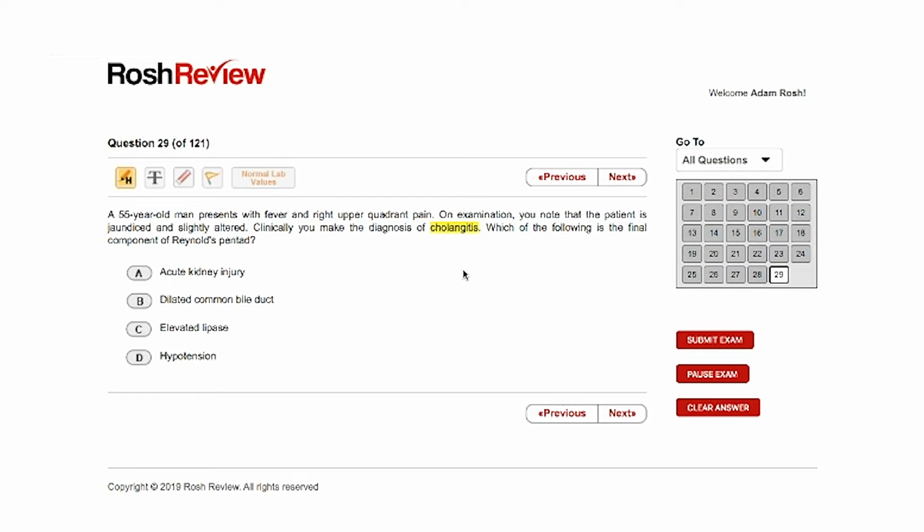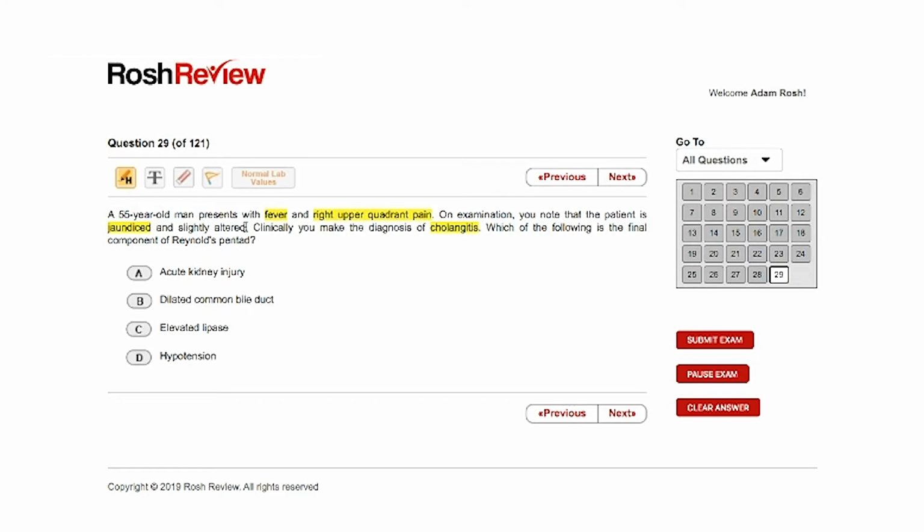The first one is Charcot's triad, and that is fever, abdominal pain, and jaundice. And what we see here, we see a patient who has jaundice, they have abdominal pain, and fever. And this is why we suspected the diagnosis of cholangitis. Then they give you one more hint here.